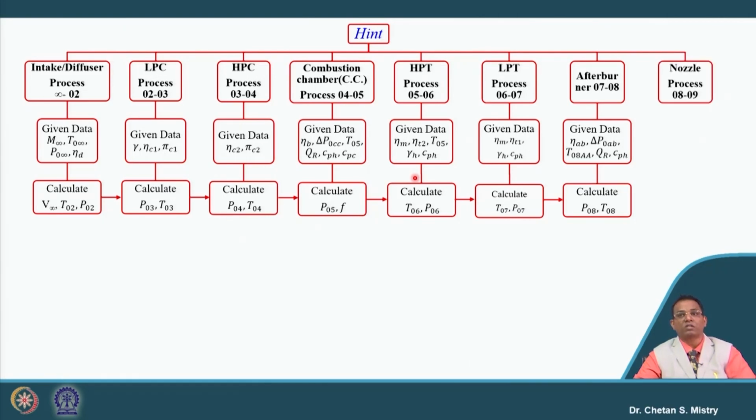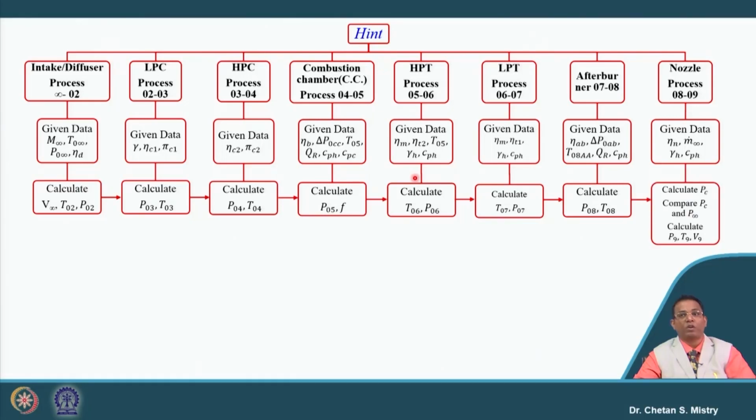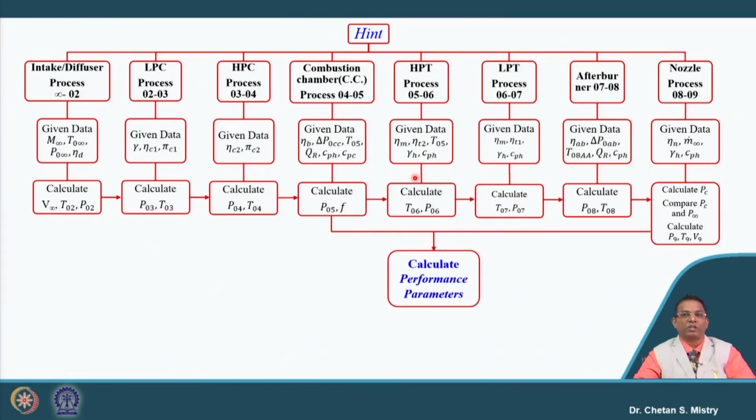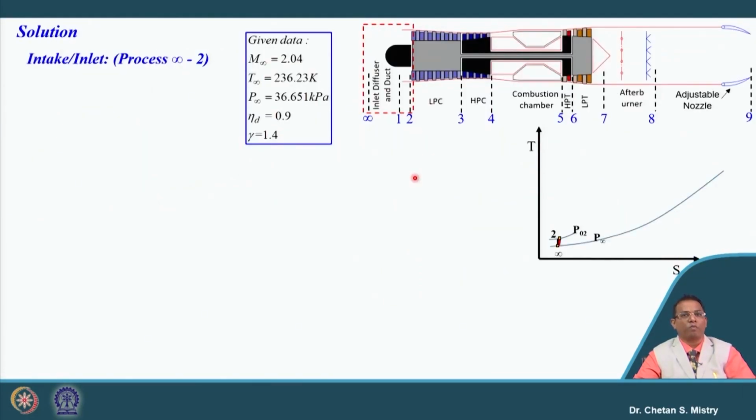Then we have the last component as a nozzle. For the nozzle we will be doing the calculation for the critical pressure. Based on that, we will calculate our exit velocity, and from this exit velocity we will try to calculate our performance parameters. So this is how we will be solving this numerical. So let us try to move forward.